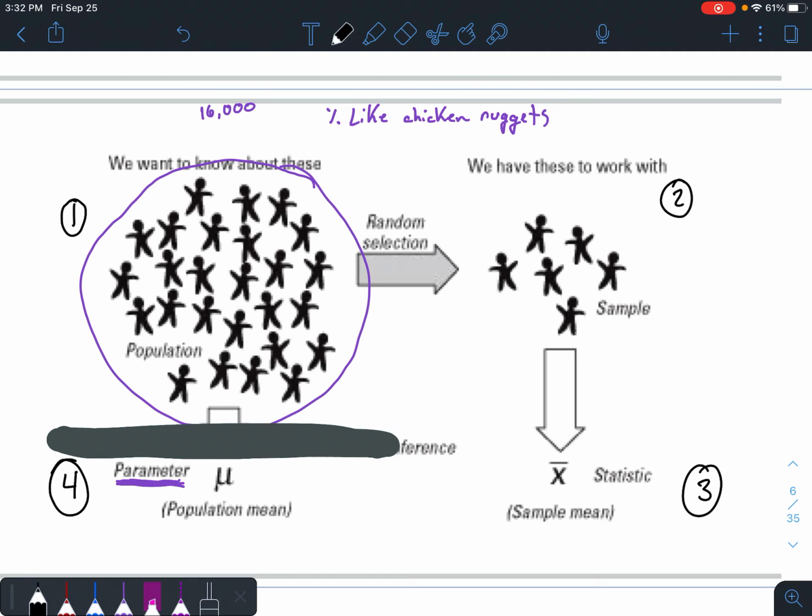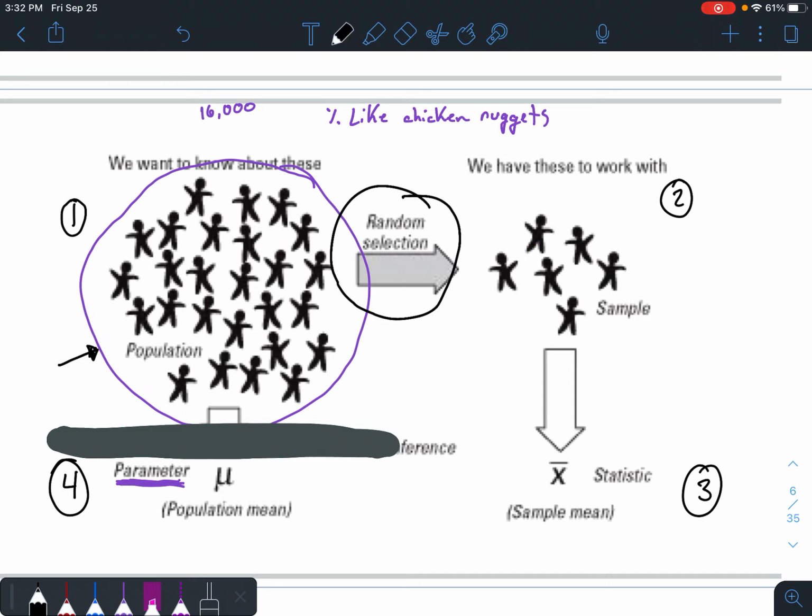So if you envision the population over here, there's a big wall between the population and the actual number, the percentage there. So instead of asking all 16,000 people if they like chicken nuggets, we use good statistical methods, and we take some random selection.